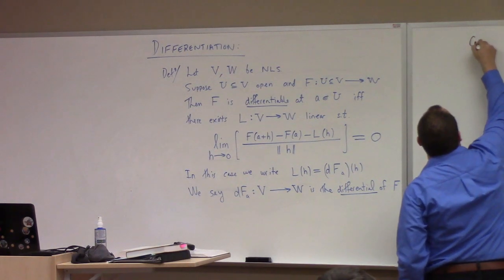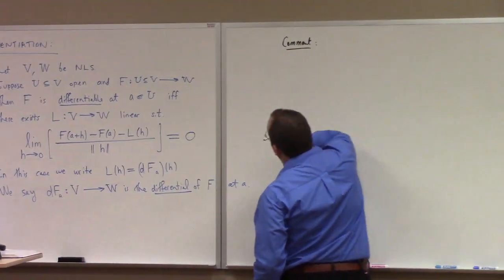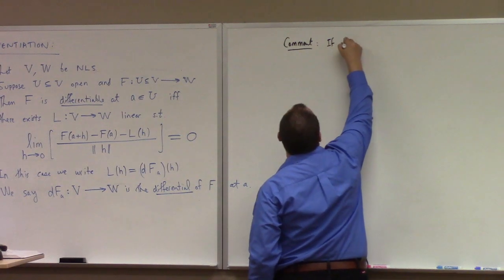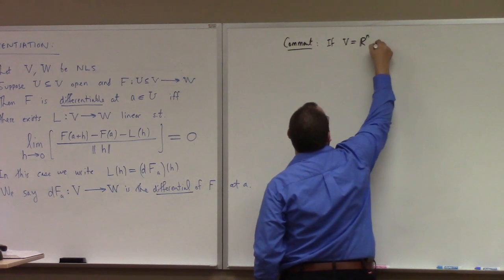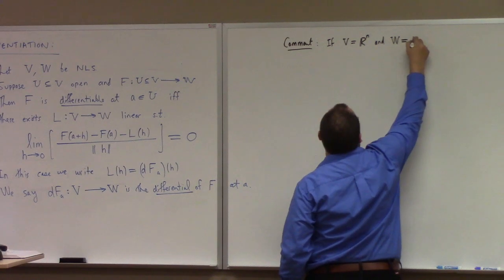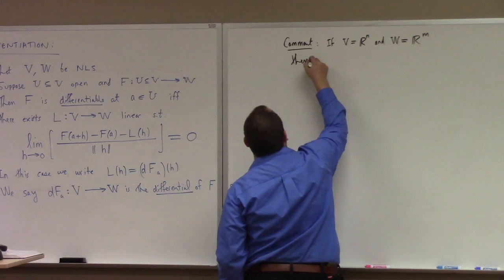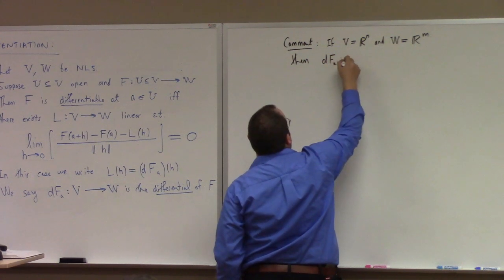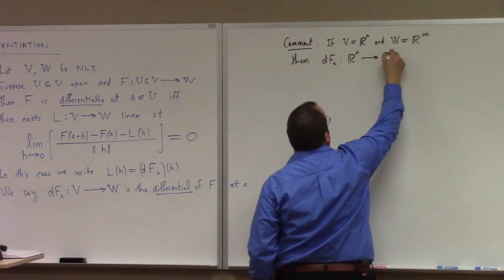So comment, if V equals R n and W equals R m, then dF_A would be a mapping from Rn to Rm, right? Linear.